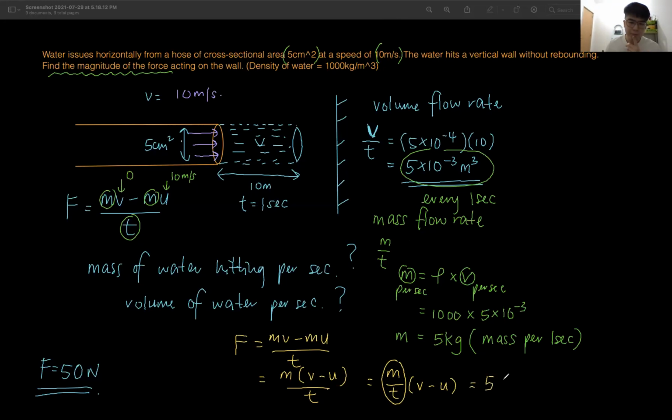So 5 times 0 minus 10. Answer, negative 50. And because it is the force on the wall, F is 50 Newton. So this is an example of the water jet problem.